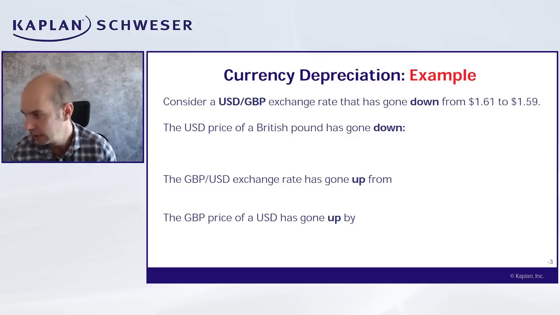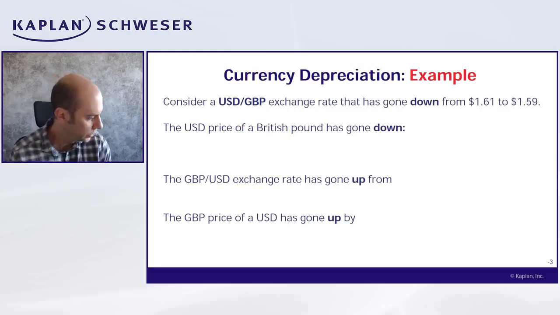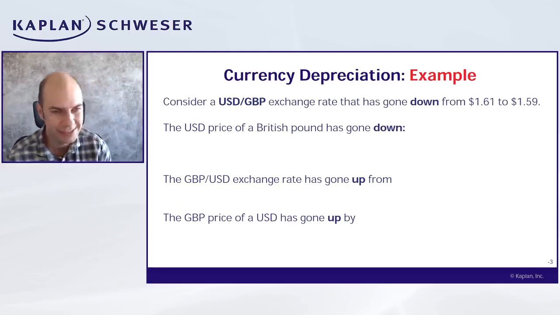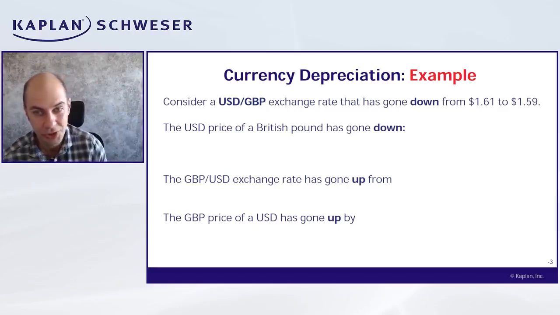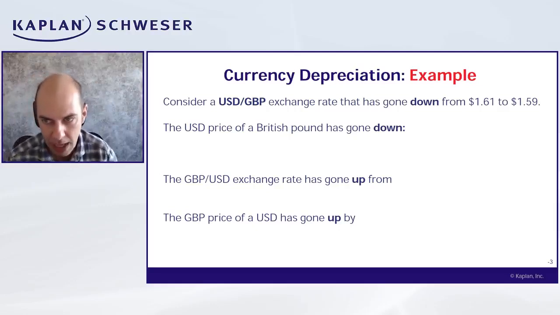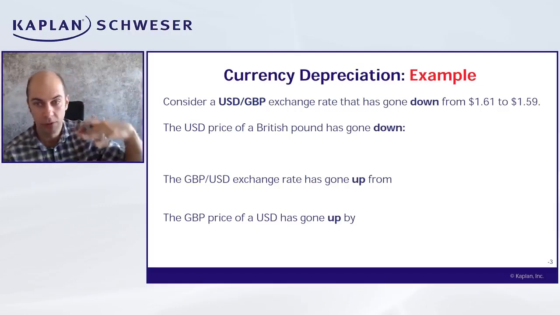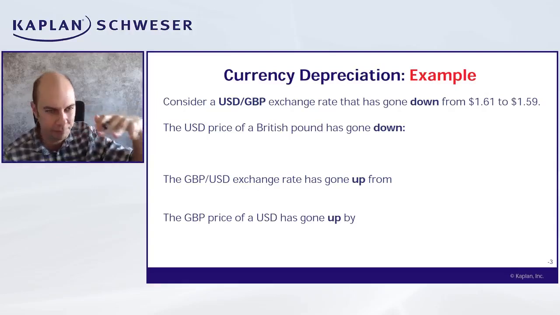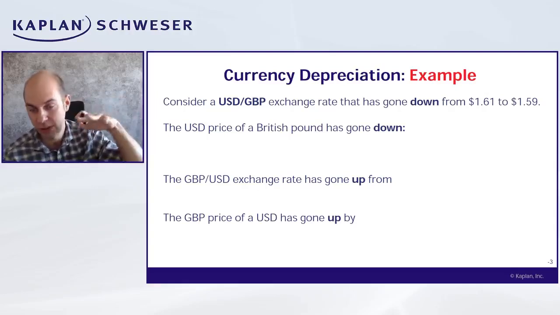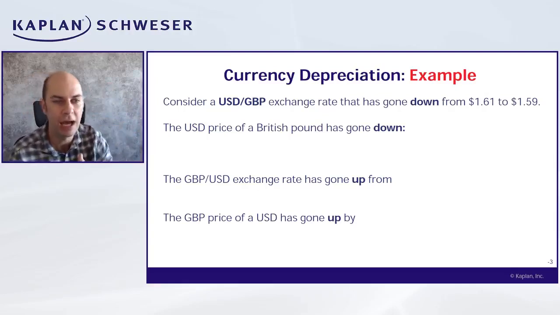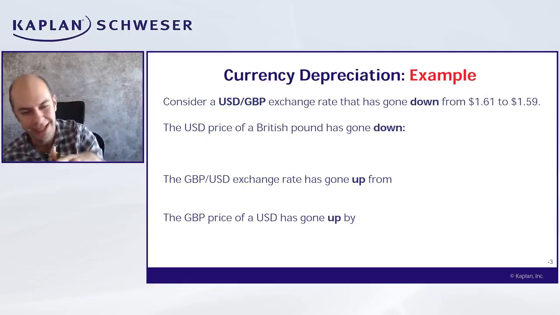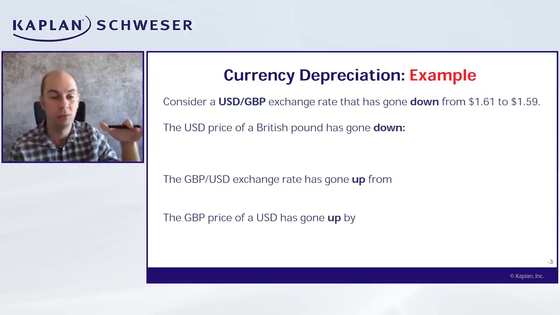Okay, so here we need to first of all think about which one is our base currency, which is the pound. Okay, so now the price of a pound, which is measured in dollars, has gone down. So we say that the pound has depreciated.